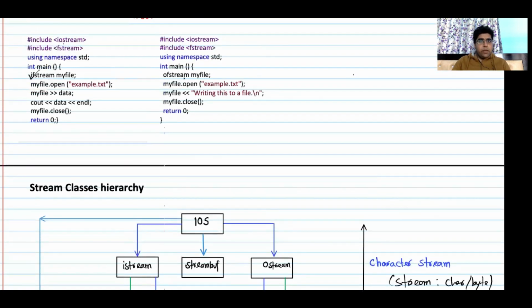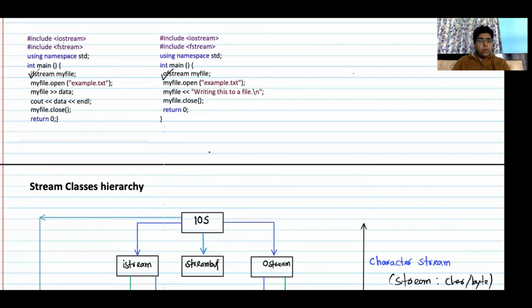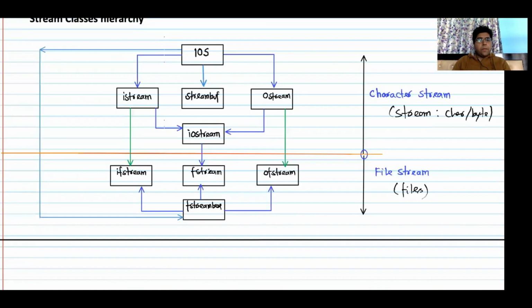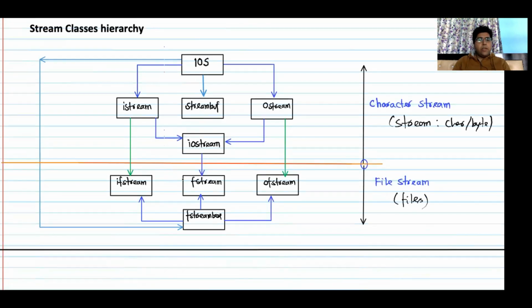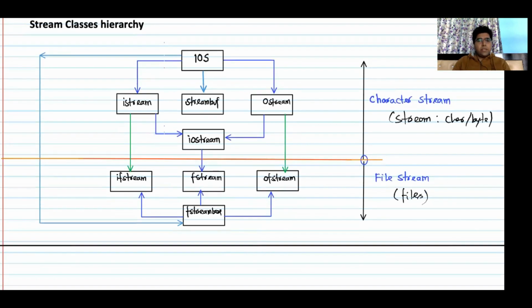This one and this one. And the fstream class is the header file to include both of these classes, and all these three classes share the same superclass, which is the fstreambase class.